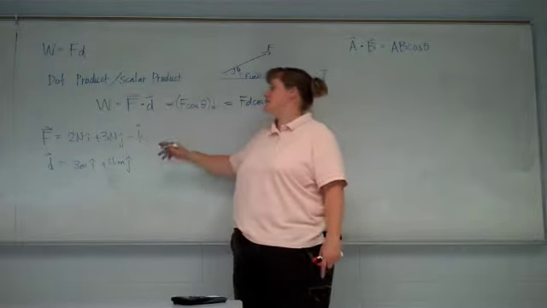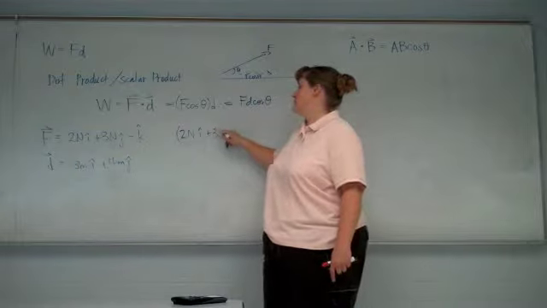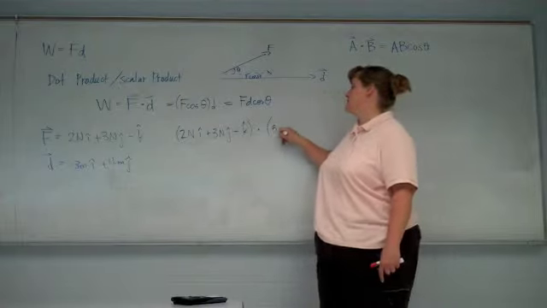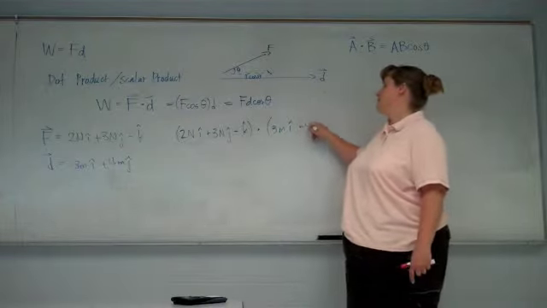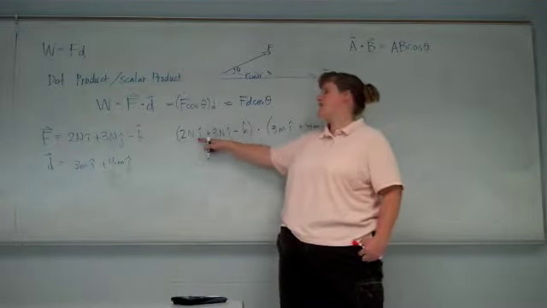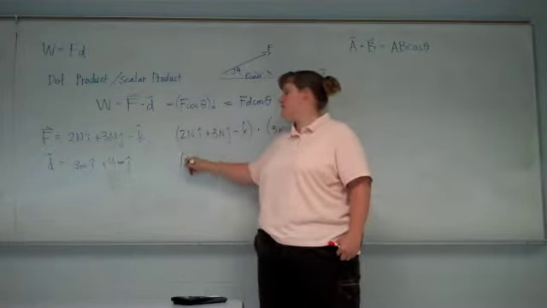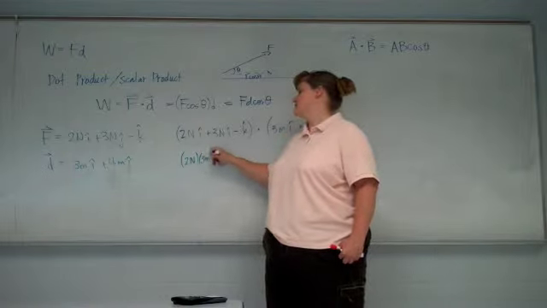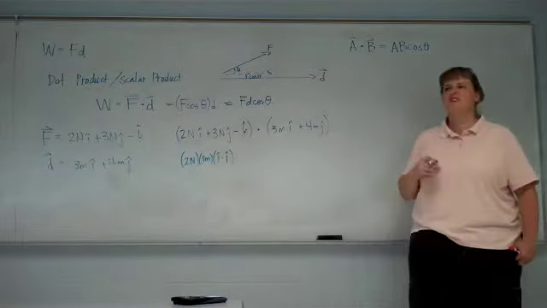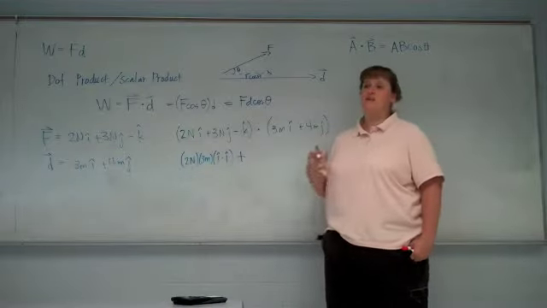But there's another way to actually do the dot product. F dot D means we're taking our force, dotting it with our displacement. So what we're doing is we're taking the 2 newtons I had, dotting it with the 3 meters I had. That means we're taking 2 newtons times 3 meters, and I dotted with I. It's only the vector portion that you're dotting. We're foiling.